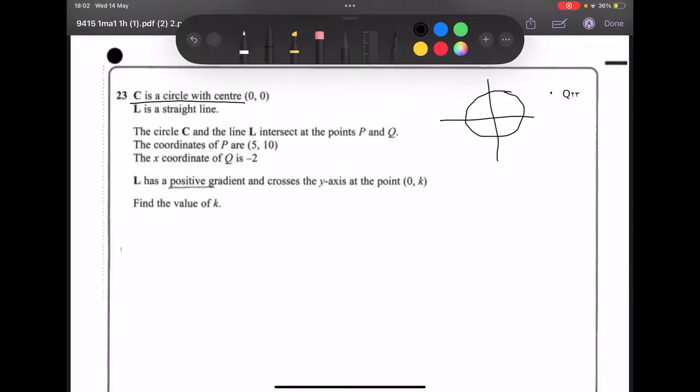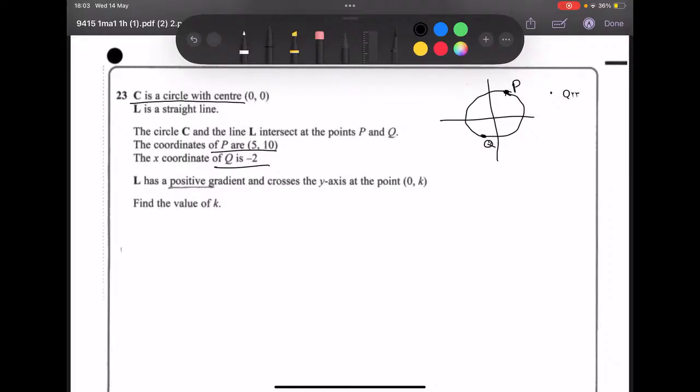The line L intersects the circle C at the points P and Q. Now over here, P is at 10, 5. 10, 5 would be something around here. This would be P, and the x coordinate of Q is minus 2. So that should be somewhere around here.